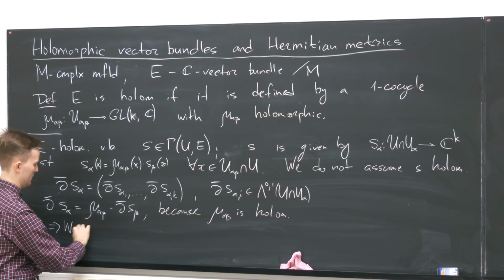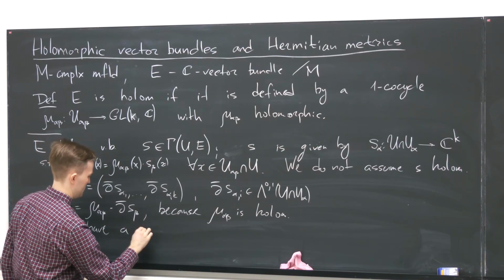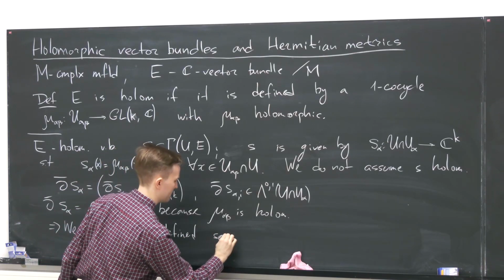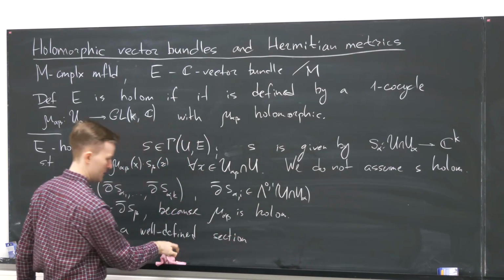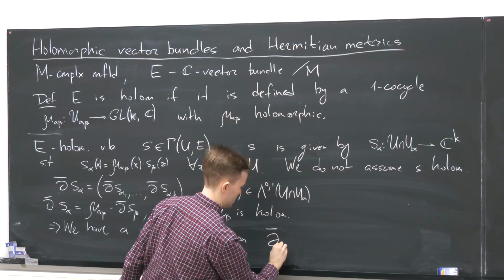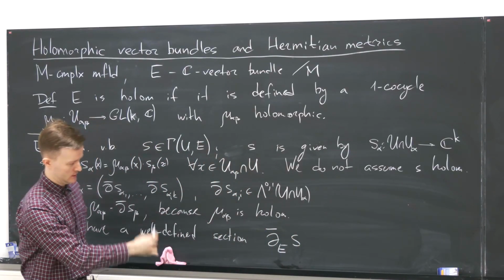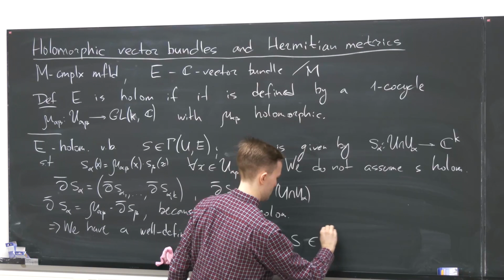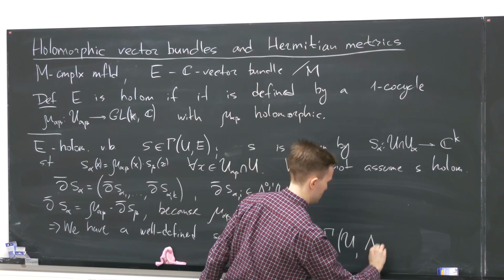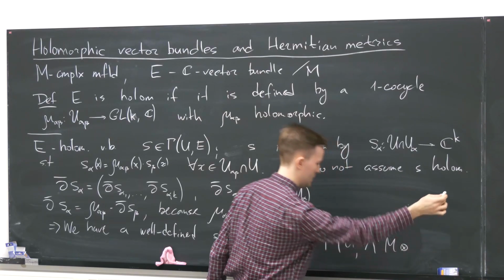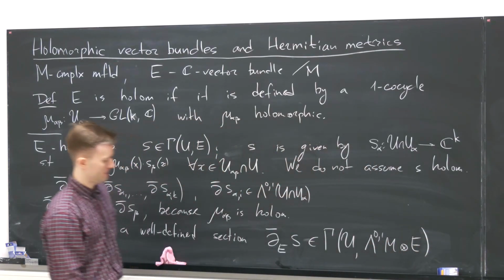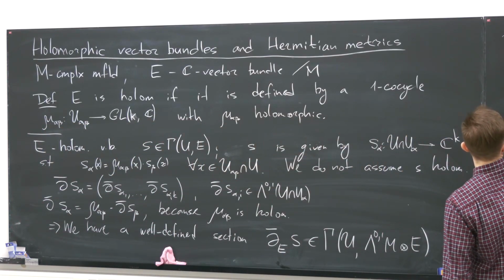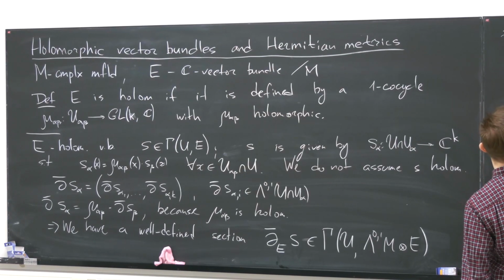So we have a well-defined section. I will denote this section like this. It's a section of Lambda^{0,1} tensor E. And obviously we have some Leibniz rule, which is easy to check.